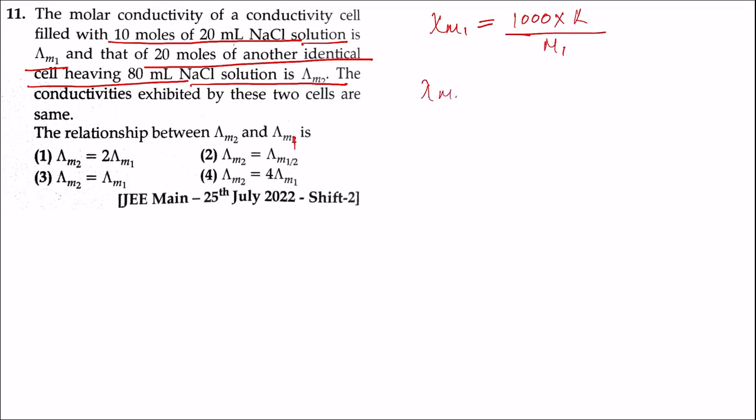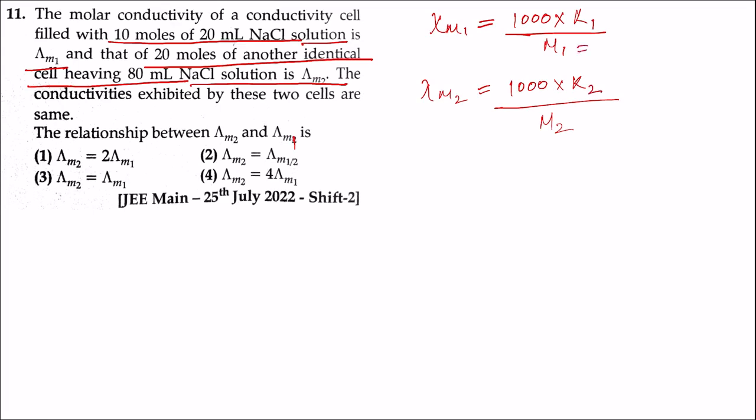Molar conductivity of another NaCl solution, let it be lambda m2, is equal to 1000 into specific conductivity divided by molarity. This is the specific conductivity of solution 1 and this is the conductivity of solution 2.